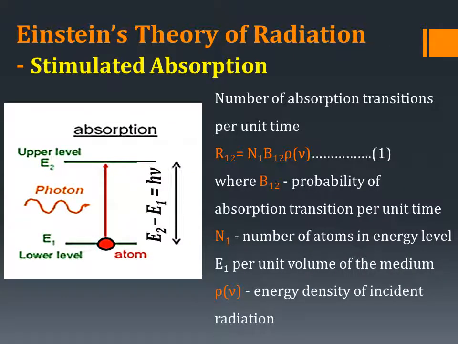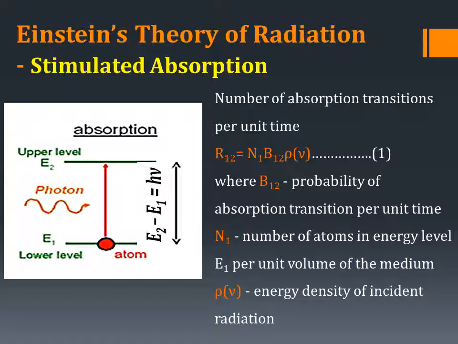The first process to take place when light falls on a material is stimulated absorption, or in very simple terms, absorption. The rate of absorption or the number of absorption transitions per unit time is denoted by R12. R12 is proportional to N1, the number of atoms in energy level E1 per unit volume of the medium, and R12 is also proportional to rho of nu, which is the energy density of incident radiation.